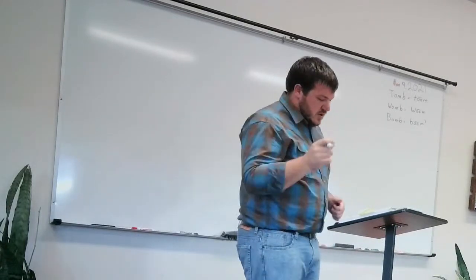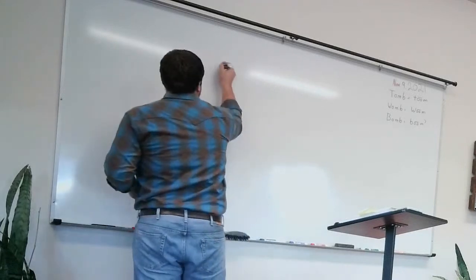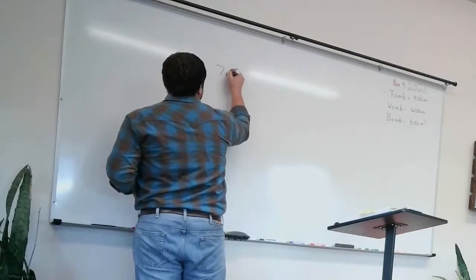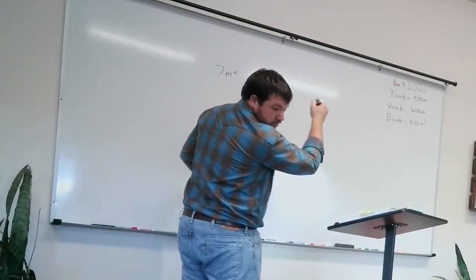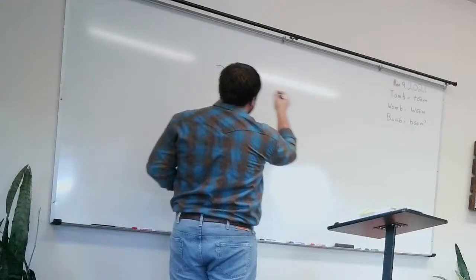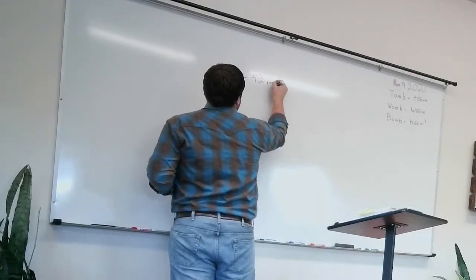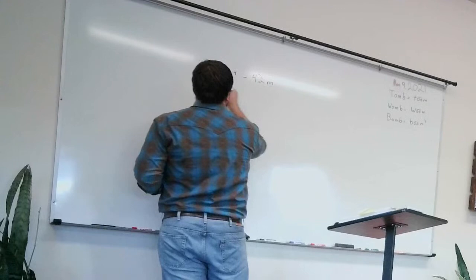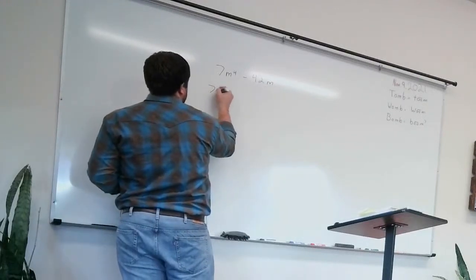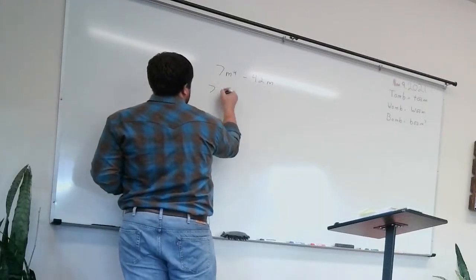Let's start with 7m to the 4th minus 7m. All right, so first things first. Factor 7m to the 4th: 7 and m to the 4th. We'll just put those in parentheses.